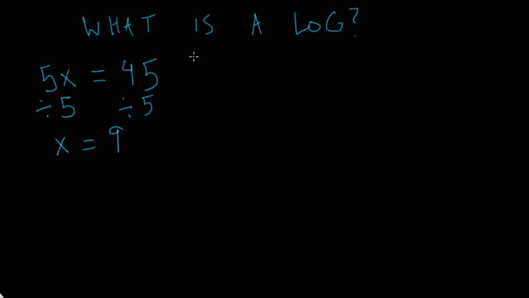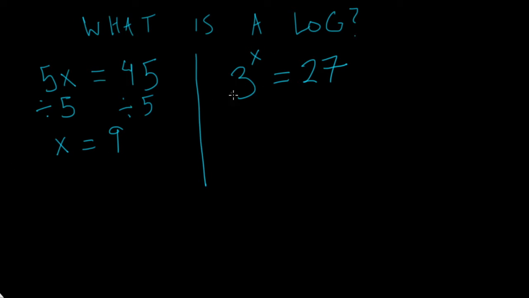division. All right. Now, what if, on the other hand, we have something like 3 to the x power is equal to 27? Now, how would we approach this problem? In the same way that we have 5x equals 45 and we divide by 5, there's not really an obvious quote-unquote opposite operation that we would use in order to solve for x here.